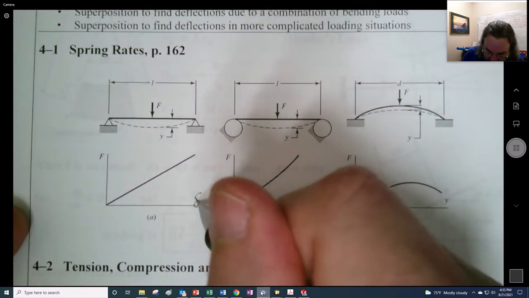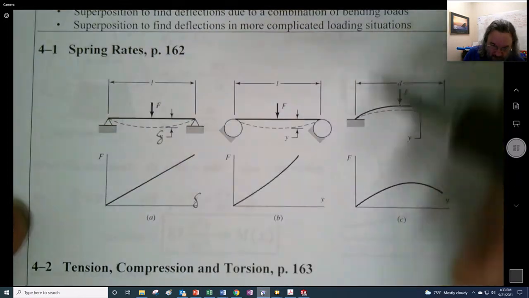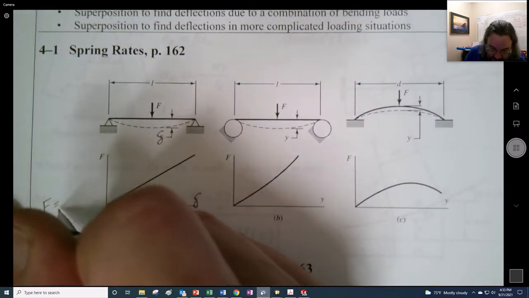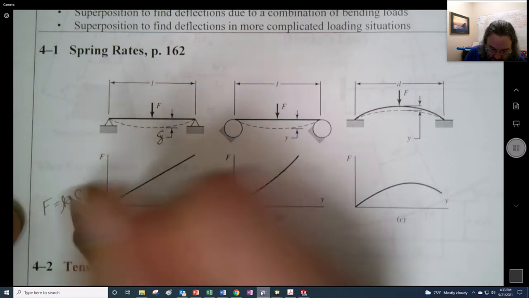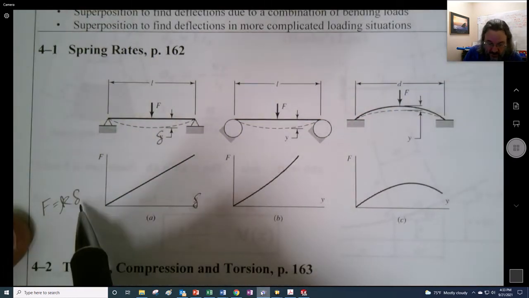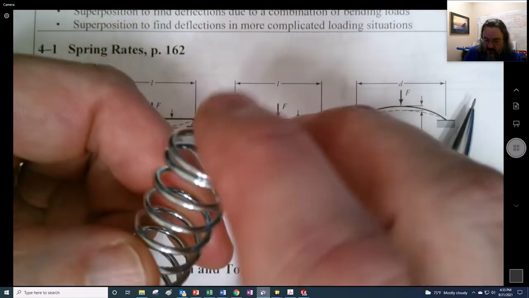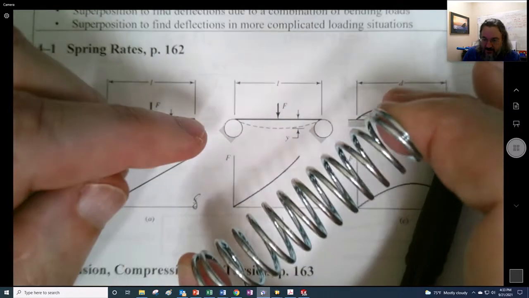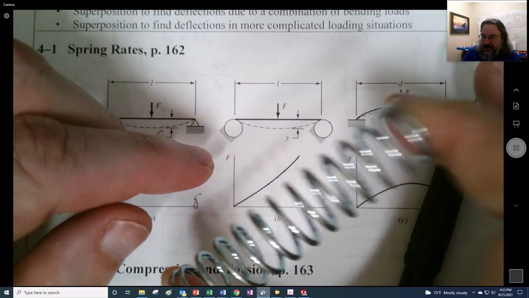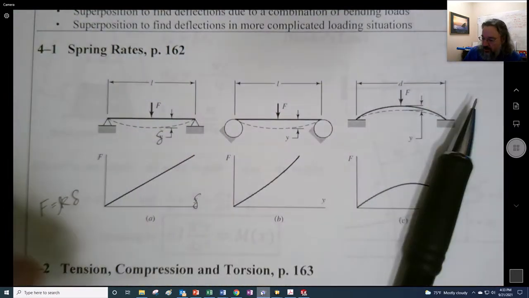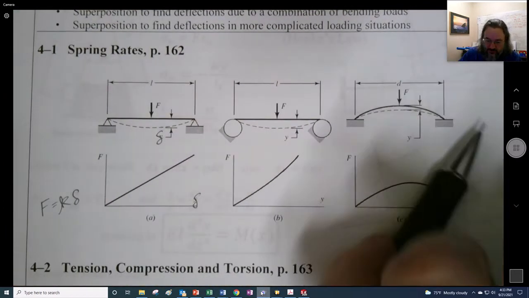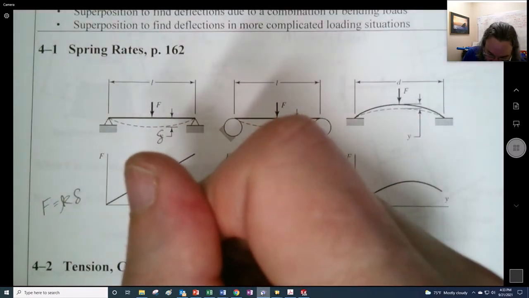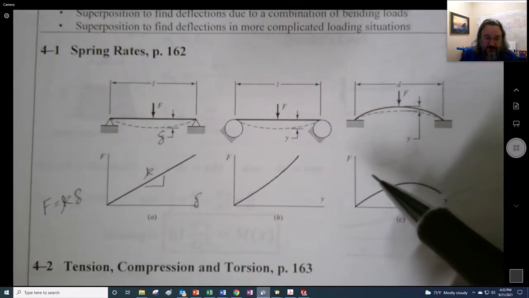I like to have del instead of y most of the time when I write this, because we know that force is equal to a spring stiffness times the displacement. So this spring has some k, and is most likely going to be linear, at least through a certain range. And that k, that spring stiffness, is really the slope of this curve.